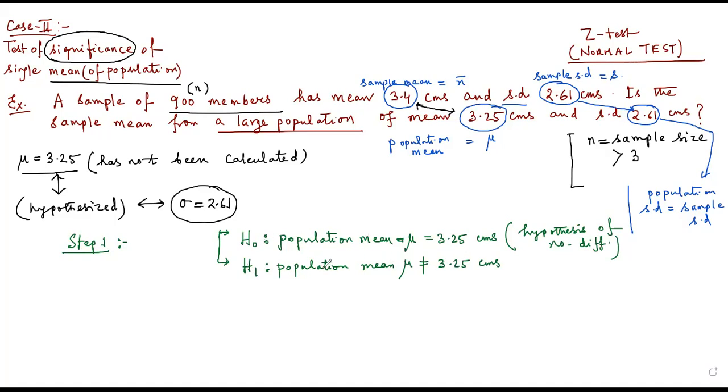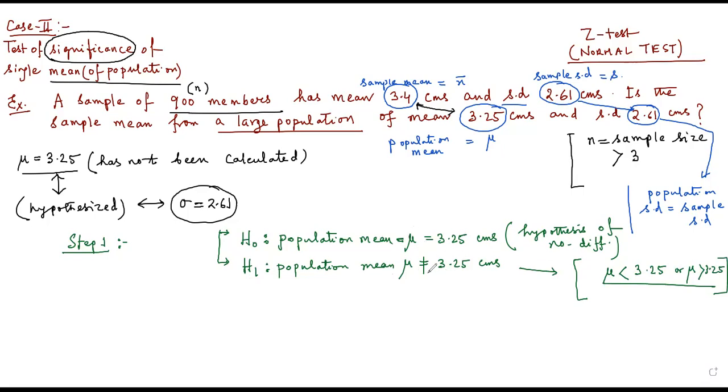But if alternative hypothesis comes out to be true over here, we suppose during the process we come across that this H1 is true and H0 is false, then we cannot be sure whether this population mean is less than 3.25 or it is greater than 3.25. That has not been clarified in the question. Okay, so there are two possibilities if H1 comes out to be true. These two possibilities are either mu is less than 3.25 or mu is greater than 3.25.